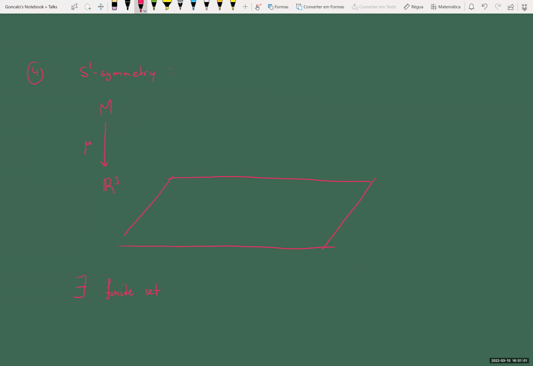If you pick a point in this set, the preimage is a point. If you pick a point that is not in this set, then the preimage is a circle.